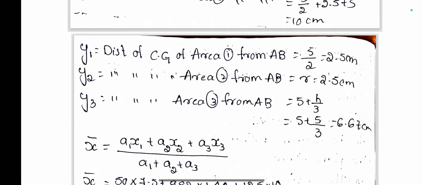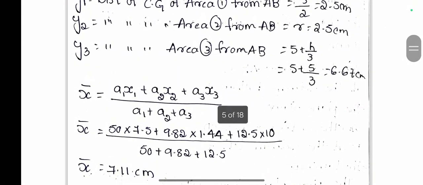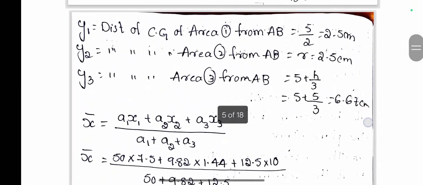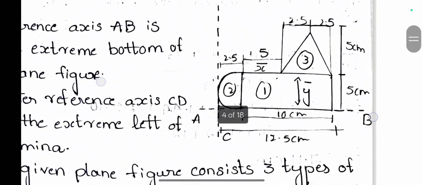Next, y3 is the distance of the center of gravity of area 3 from the axis AB, which is 5 plus h by 3, 5 plus 5 divided by 3, which equals 6.67 centimeters. So what we have found out is A1, A2, A3, X1, X2, X3 and Y1, Y2, Y3.